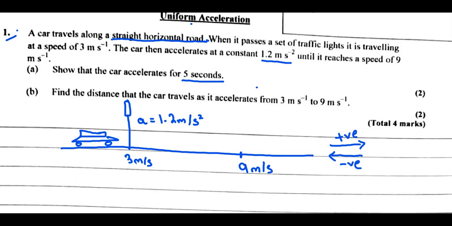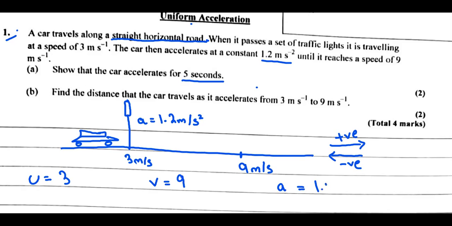We have u, that is the initial velocity. And what is the initial velocity? Initial velocity is the velocity in the beginning of the scenario, that is 3 meter per second. What is v? V is the final velocity, and that is 9 meter per second. And what is acceleration?